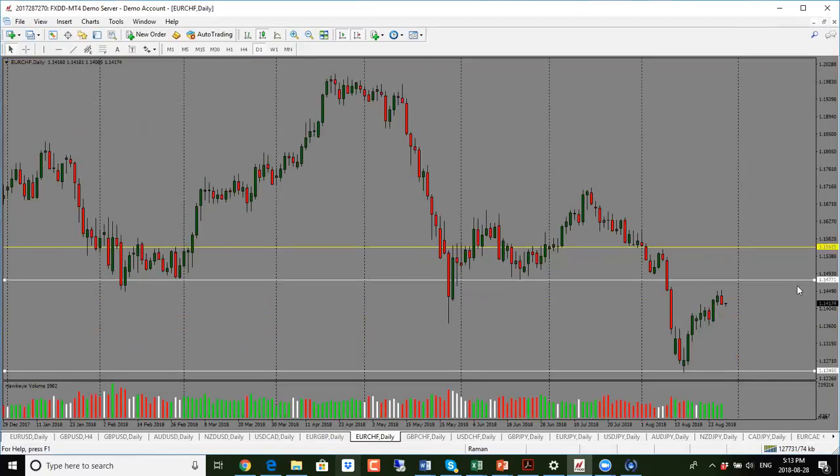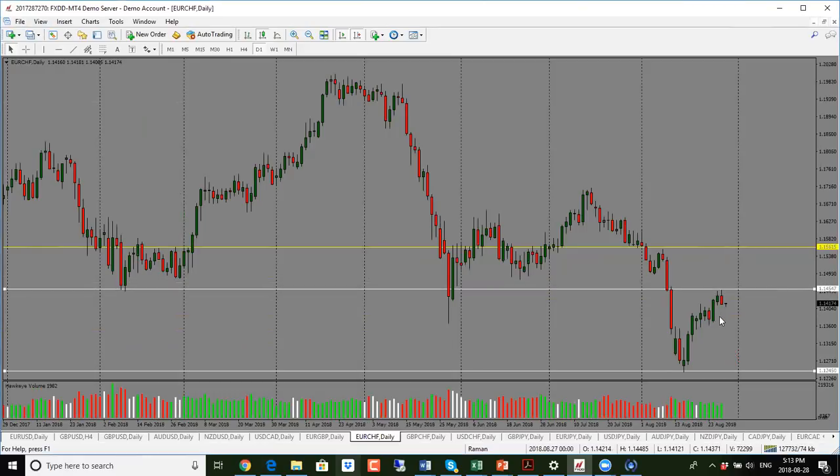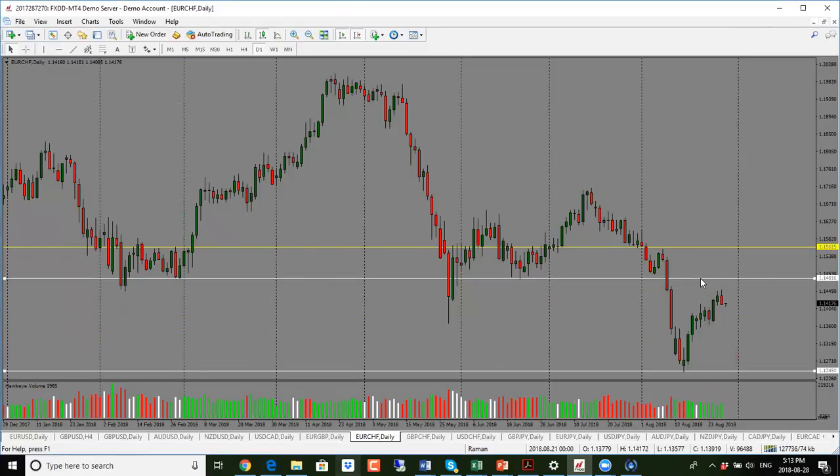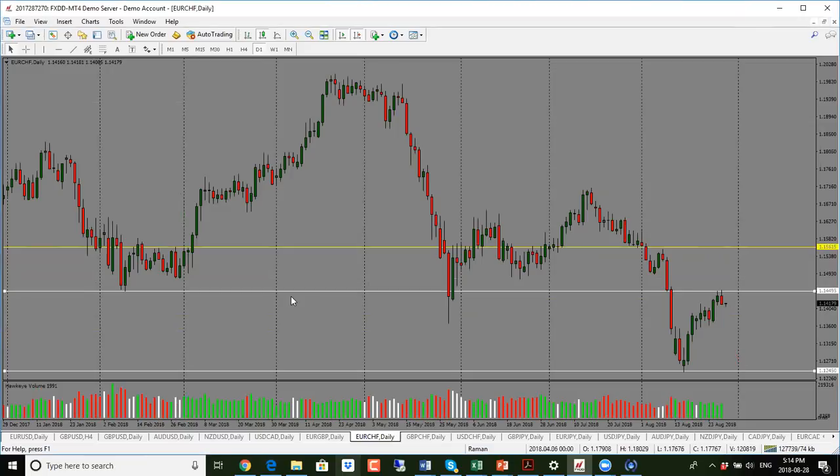Pound Swiss here, this one we have seen a bearish engulfing candle, not a huge one, but bearish engulfing nonetheless. So price came into that support and resistance. I was looking for price to go a little higher, but looks like it is reacting to that support and resistance right there. So right now it looks biased to the downside, and I'm looking for price to drop.